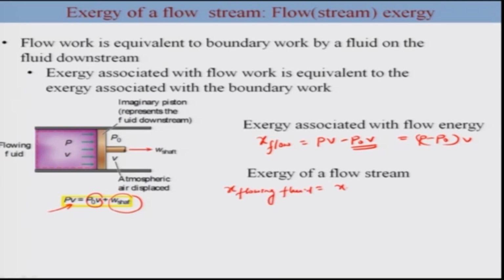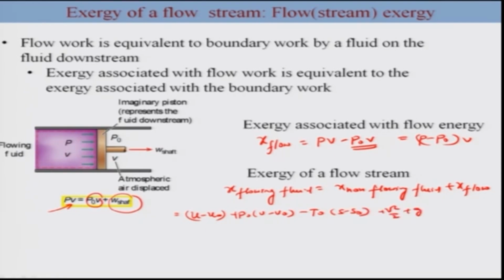So, thus you can write the exergy of a flow stream simply as X flowing fluid is nothing but X non-flowing fluid plus X flow. That means you can write this as U minus U0 plus P0 (V minus V0) minus T0 (S minus S0), plus the kinetic energy and potential energy terms, plus (P minus P0)V.